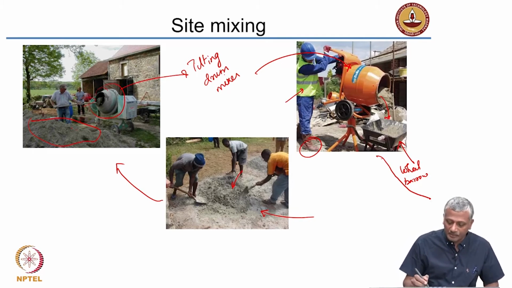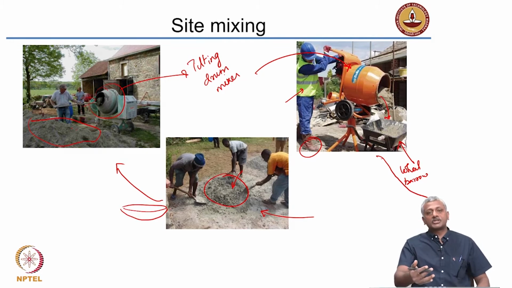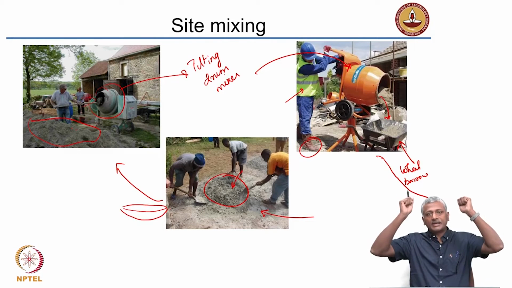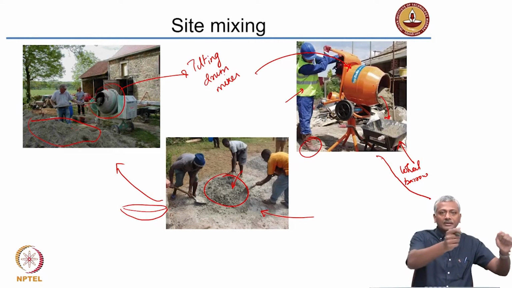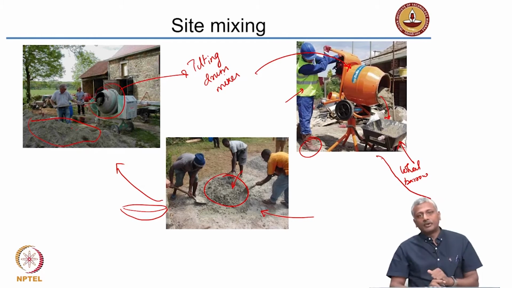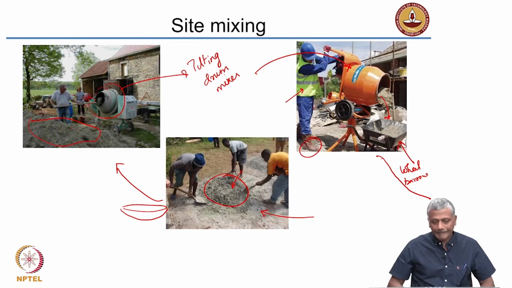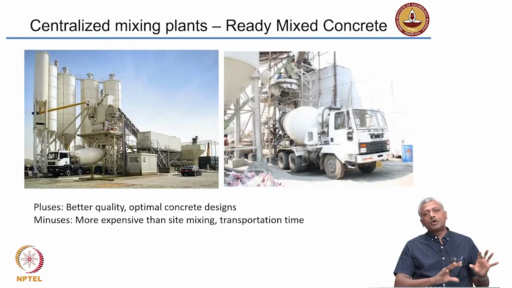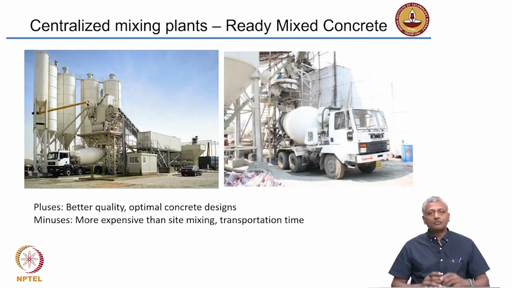In such cases, after mixing the concrete, they will put it in these small containers, and you might have seen in our construction sites the labourers carrying these containers on their heads and passing it around to the next person, and that person will finally dump it into the formwork. Now, when we want to get more sophisticated, we need to invest in what are called centralized mixing plants.